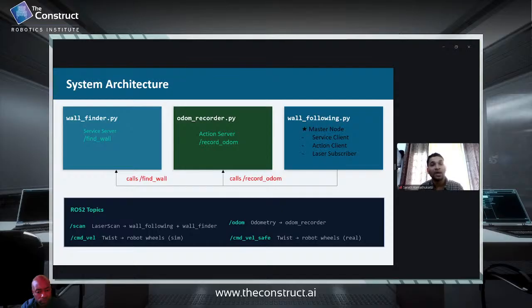It's being called, and it records the odometry for the entire lap. And then the wall following is initiated. The ROS topics used were scan for the wall following, used in wall following and the wall finder, and cmd_vel. It was used in the simulation, whereas in the real robot it was cmd_vel_scale, and odom was used in the odometry.